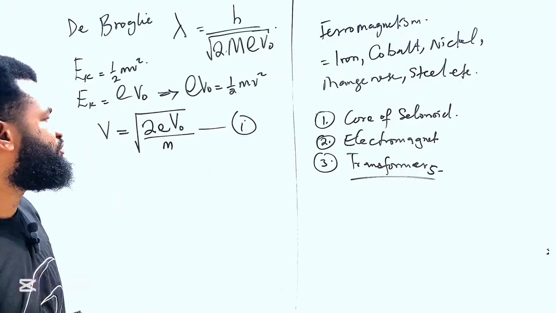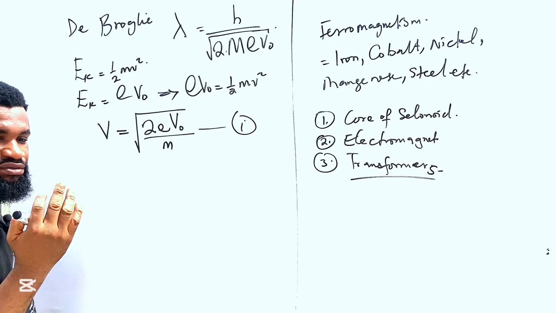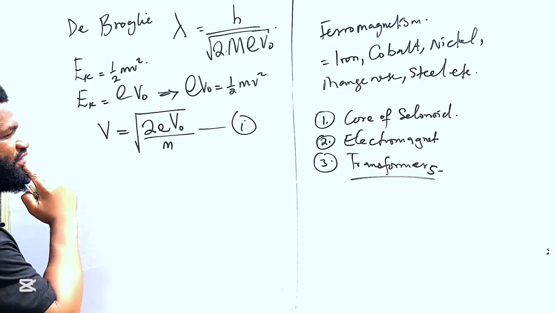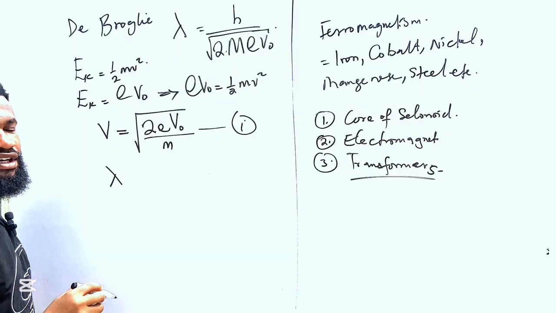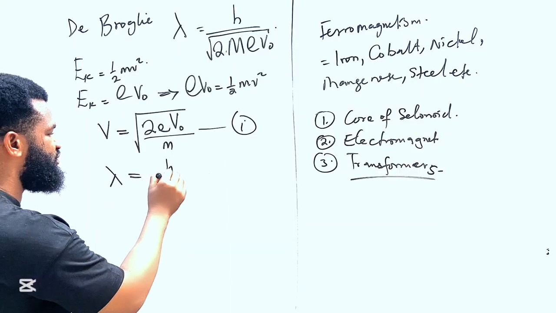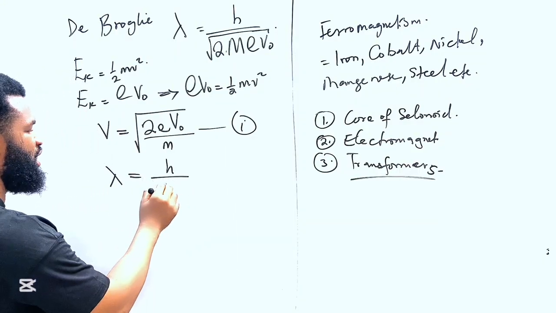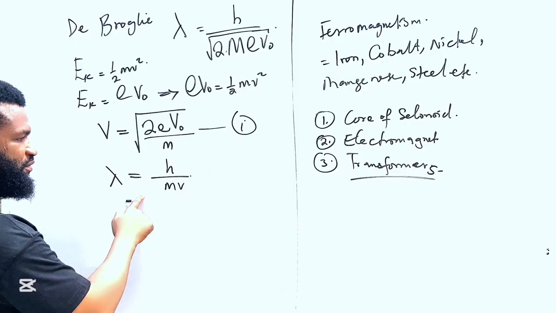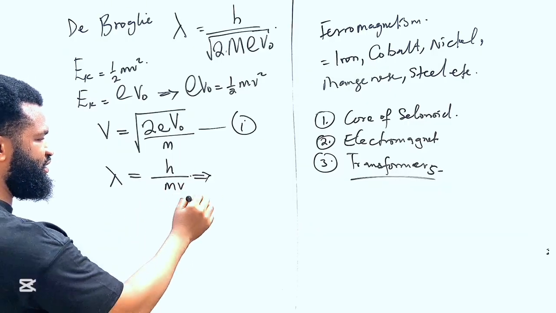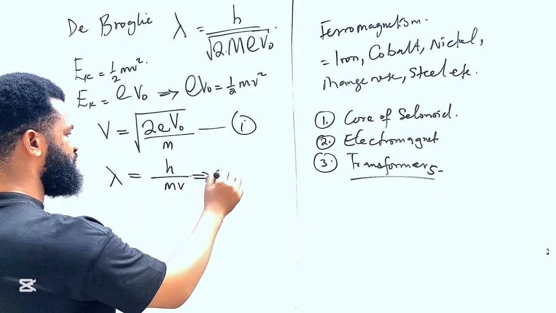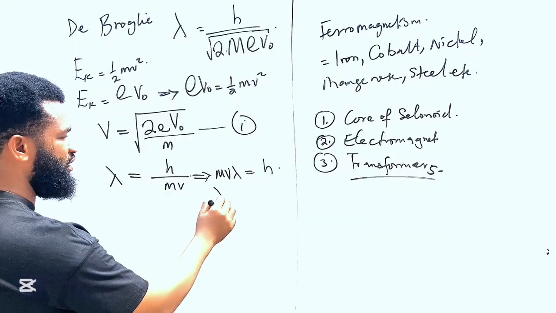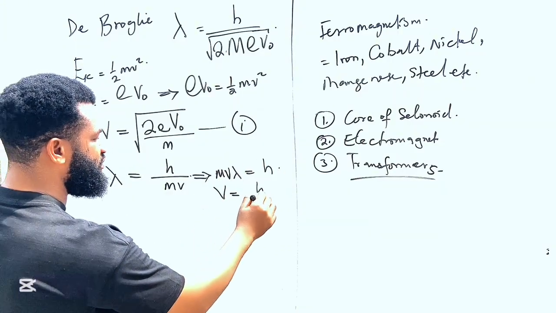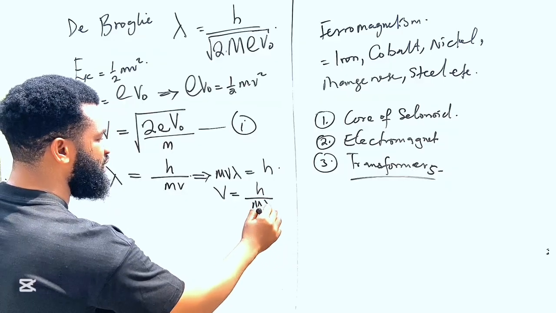The next one, I'm going to solve this in 2 ways. From the de Broglie wavelength, lambda is given as Planck's constant h all over mv. Therefore, mv lambda is equal to Planck's constant, so v is given as h all over m lambda.